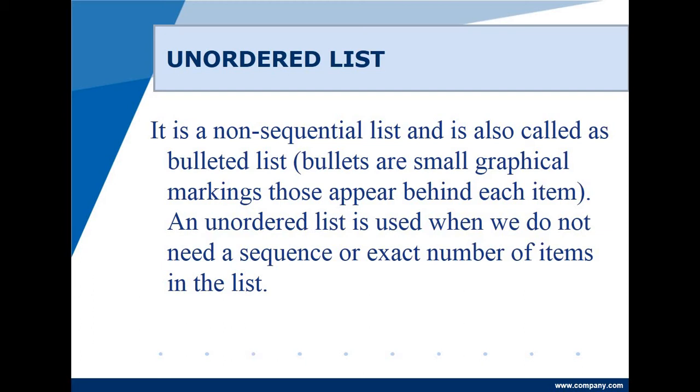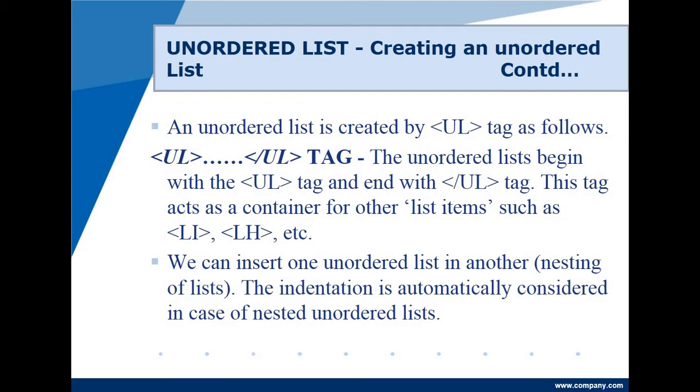We have similar attributes here as well. Like with ordered list, the only attribute we have is type. Type is equal to A, type is equal to I, and type is equal to a number in case of ordered list. Let's check out what options we have with unordered list. We again have subtags called li and lh.